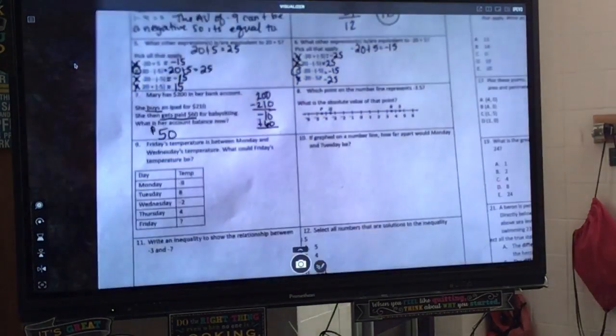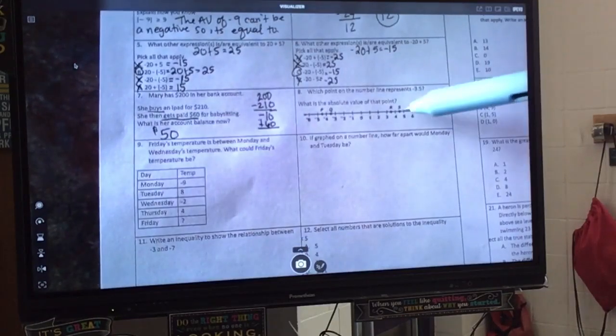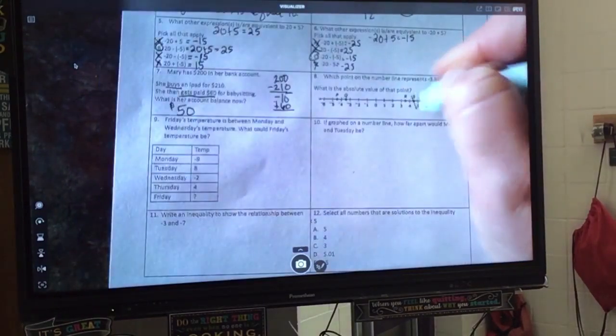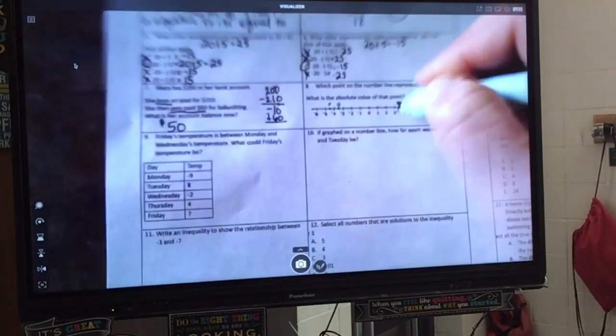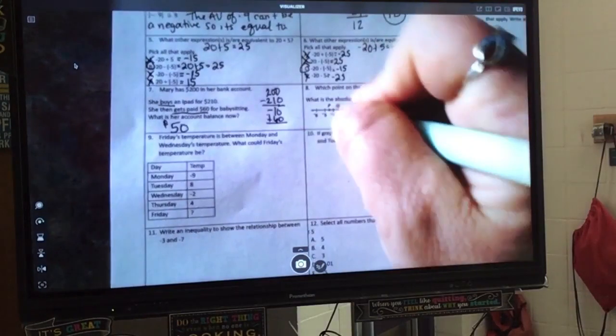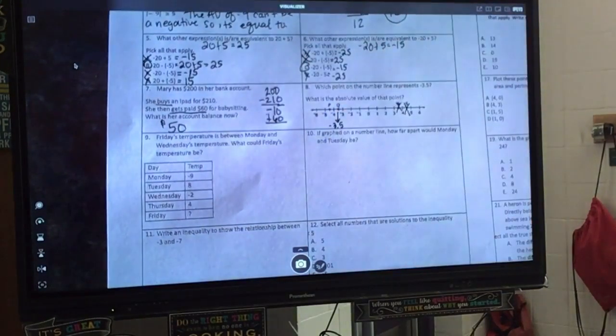Which point on the number line represents negative 3.5? Stand up if you picked S. Stand up if you picked R. Stand up if you picked Q. Alright, so Q is the correct answer.